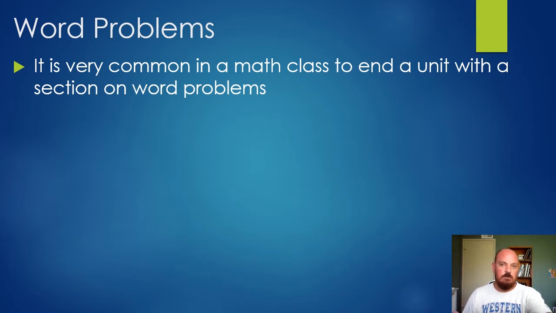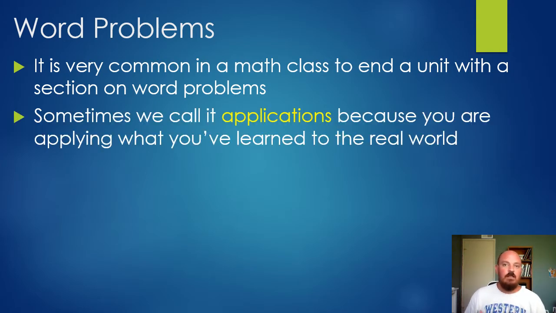Now, the two words from the title of this section are basically ways of saying word problems. If you say you're going to do applications, it means we're going to take what we've learned in the rest of this chapter and apply it to real life situations. And that's basically a word problem.